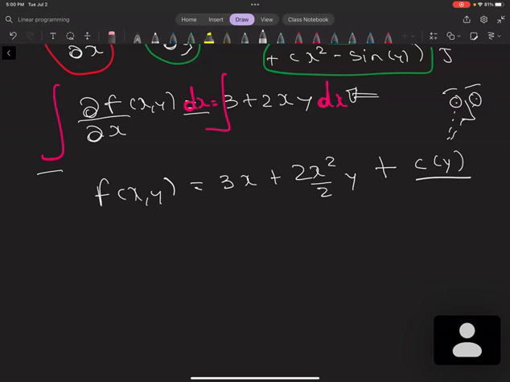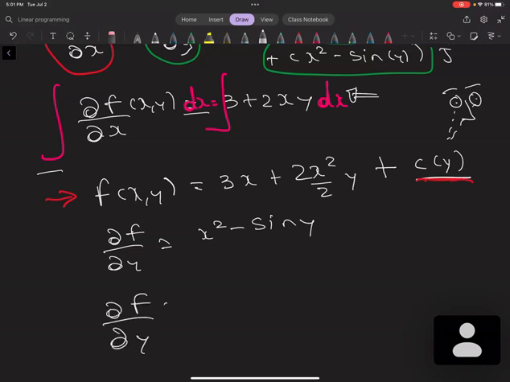But we said that the derivative of f with respect to y equals x squared minus sine of y, right? So if I find the derivative with respect to y of this candidate, the two things must be the same. That way I can find c of y. So the derivative with respect to y of 3x is 0, and the 2s cancel.